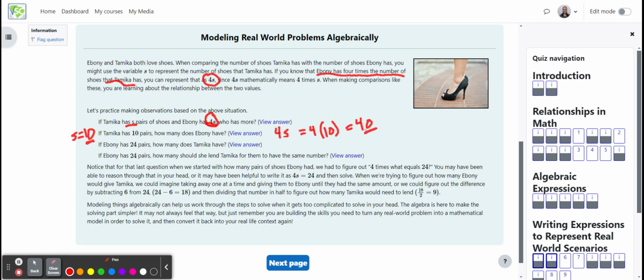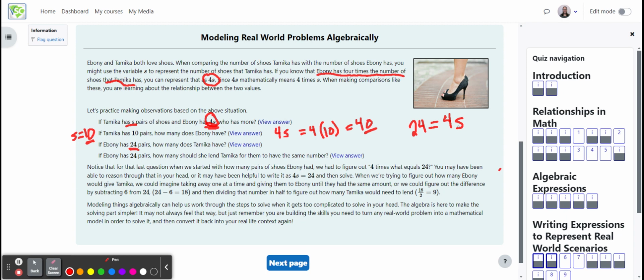Now, if I'm going backwards a little bit, this one says Ebony has 24 pairs of shoes, and I need to know how much Tamika has. So I've got 24, but Ebony has 4S, and I'm trying to figure out what that S stands for.